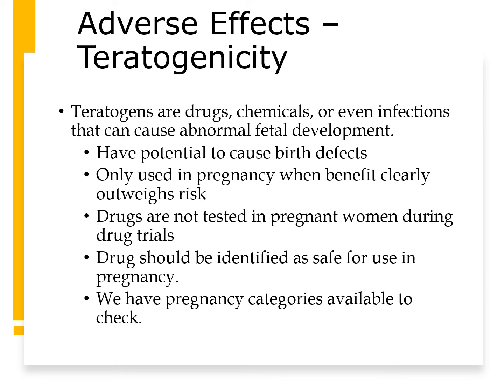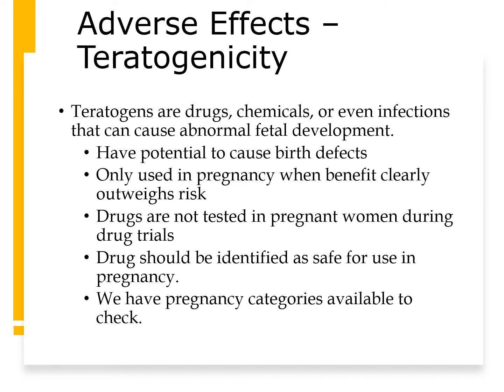Okay, so a high risk of birth defects are associated with certain drugs or chemicals. So these drugs are typically avoided in pregnancy because of that risk. Okay, so it would only be if the benefit outweighed the risk that we would use certain drugs in pregnancy.